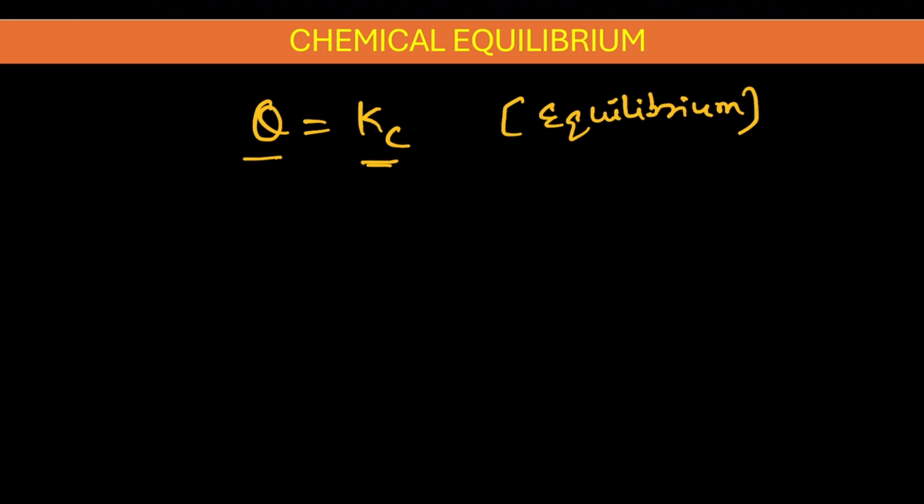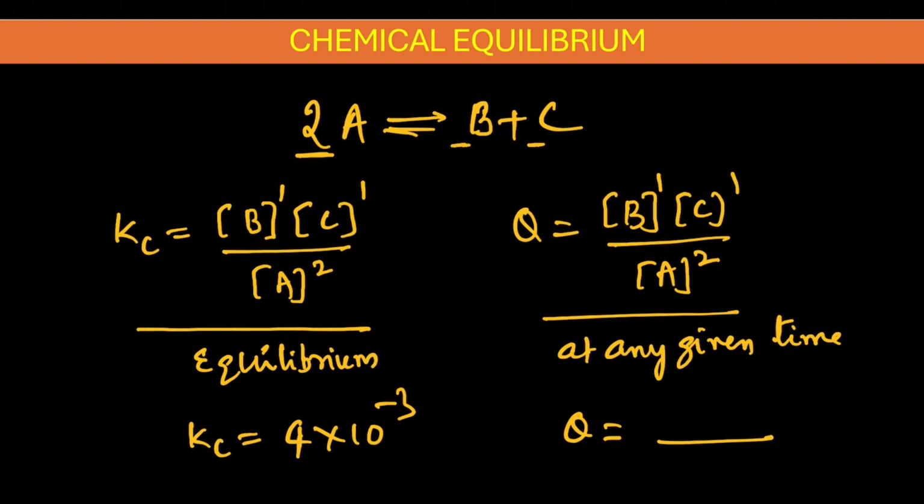Now if Q is greater than Kc, that implies the numerator is greater than the denominator. That means the product concentration is greater than the reactant concentration. And at any given instant of time, if the concentrations of products are more than the reactants, the reaction tends to go in the backward direction.